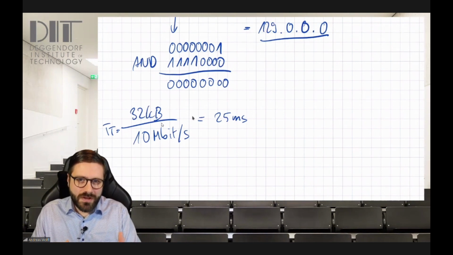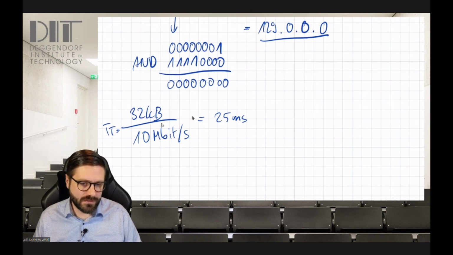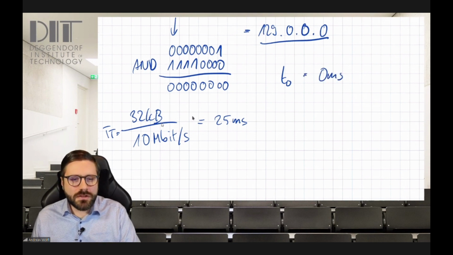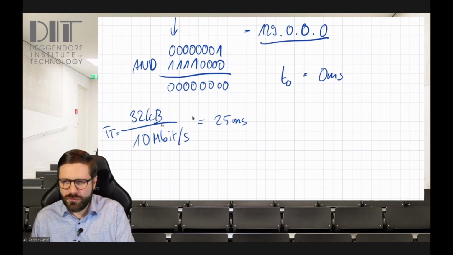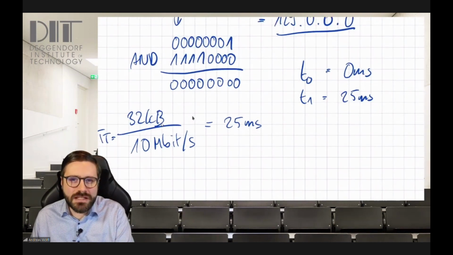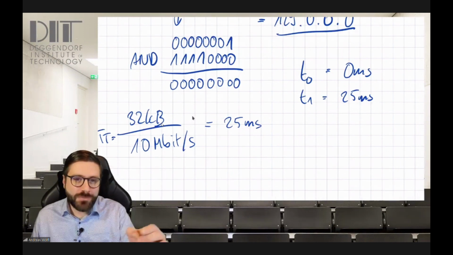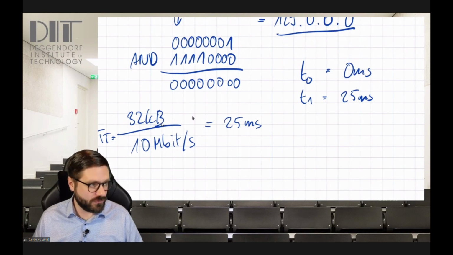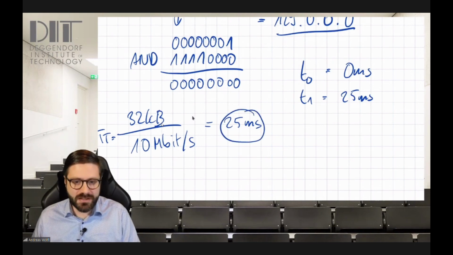The time from sending the first bit to sending the last bit is exactly 25 milliseconds. So at time T0, which is 0 milliseconds, the first bit of the message is put onto the transmission medium. And at T1, which is 25 milliseconds, the last bit of the packet has left the network card of the sending host.